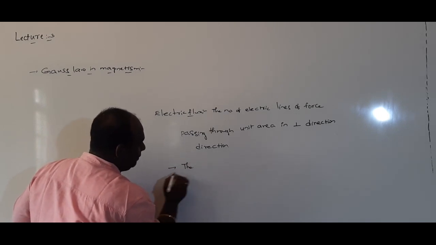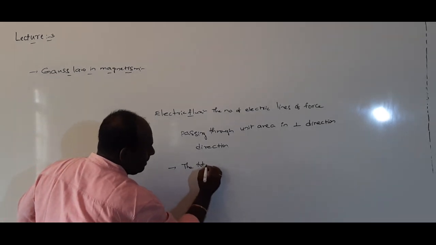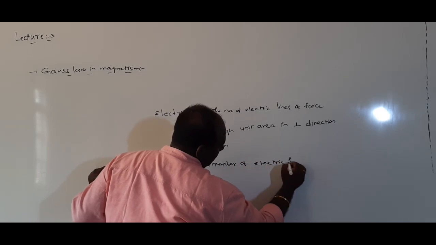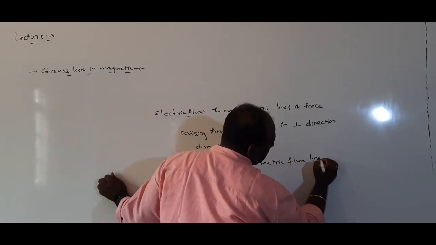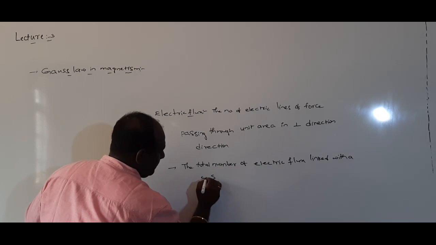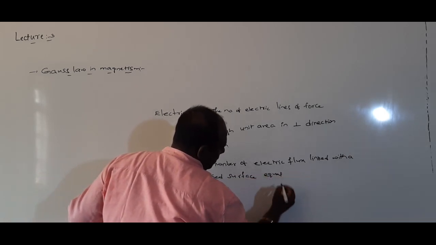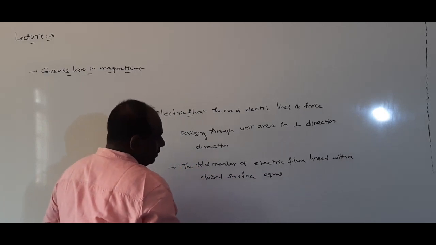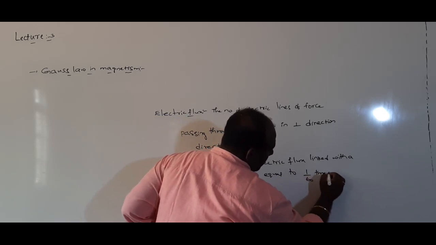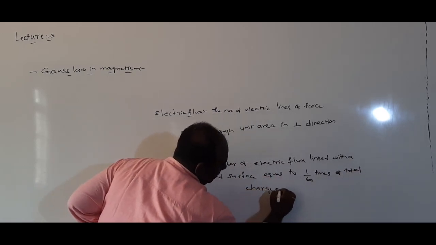The total electric flux linked with a closed surface is equal to 1 upon epsilon naught times the total charge enclosed in it.